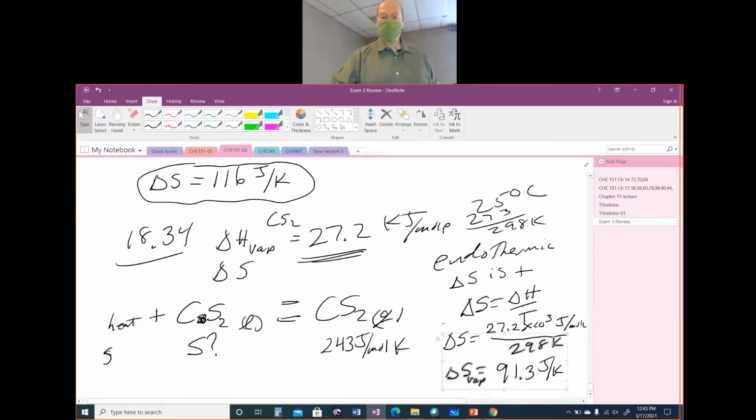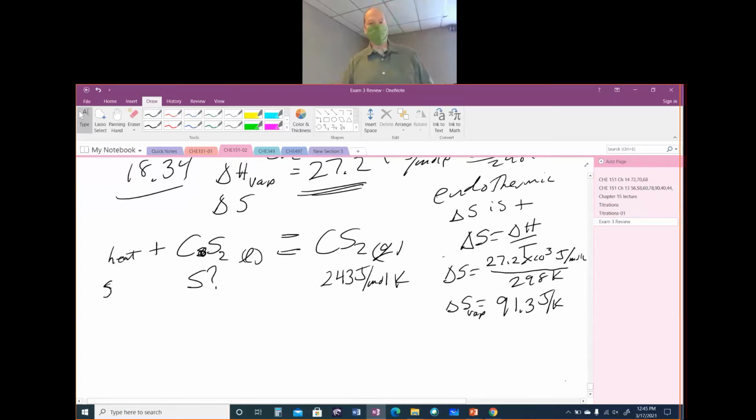I will get the right answer, but I will show you that it doesn't matter if we do it this way or the way it says. So we know that the delta S for this process is 91.3 joules per Kelvin.